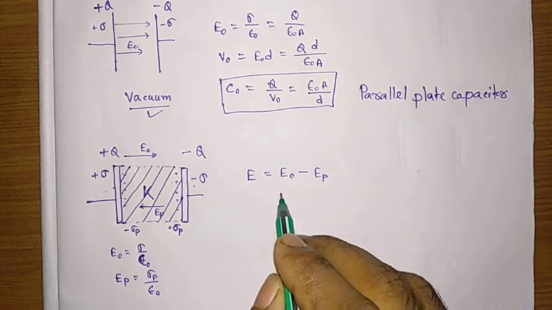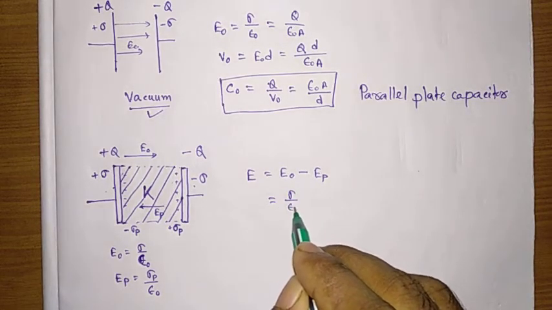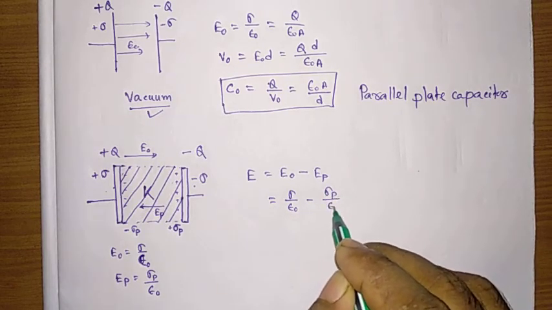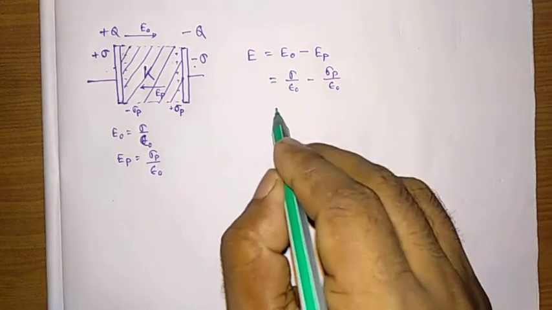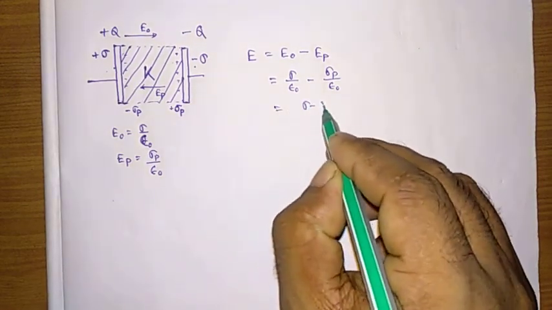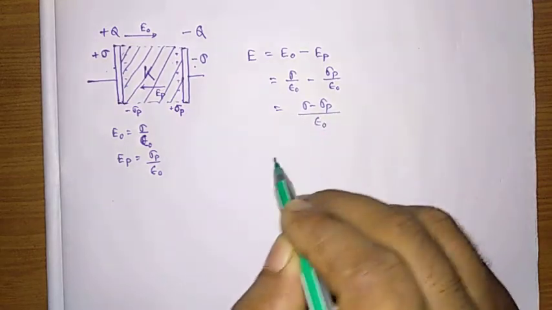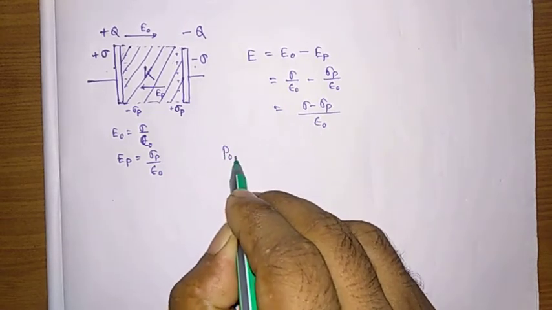Now E is equal to sigma by epsilon naught minus sigma P by epsilon naught, which is sigma minus sigma P divided by epsilon naught.